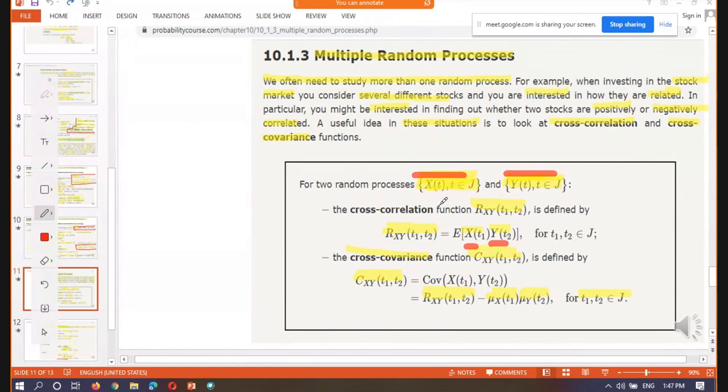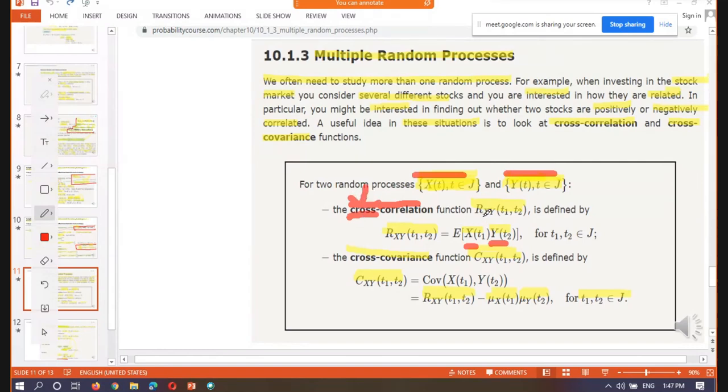So for them, we calculate the correlation. Because here we are having two random processes, I use the word cross correlation. Earlier it was auto because we were talking about only a single process X(t). Here we are having more than one, one is X(t), another one is Y(t), two random processes. So the word cross is there.